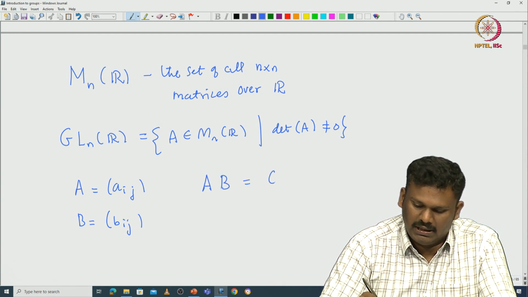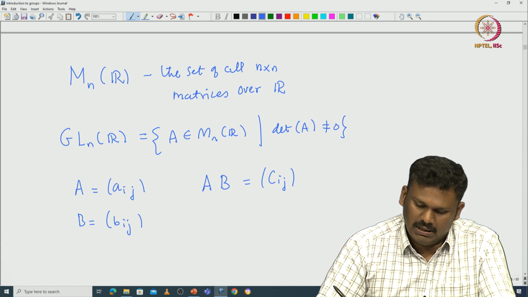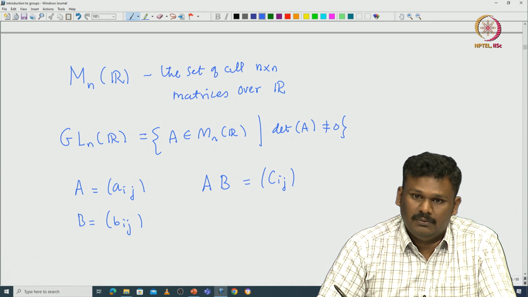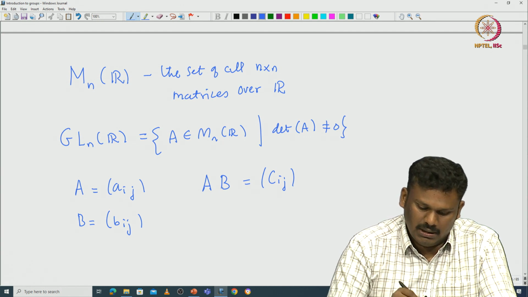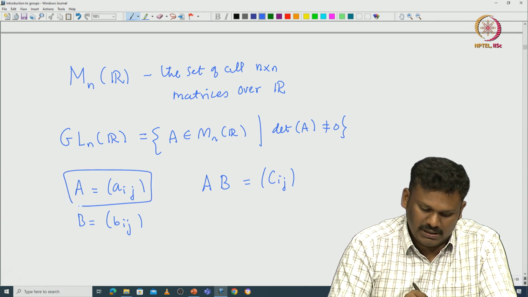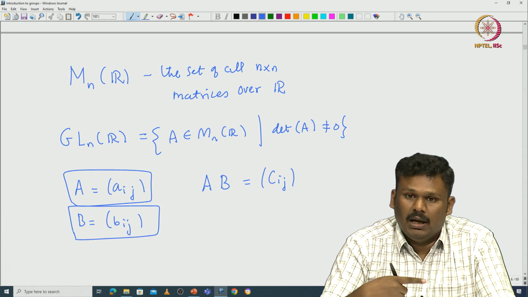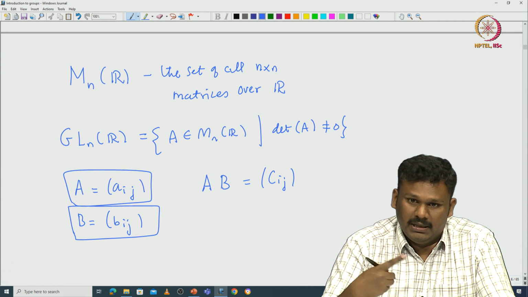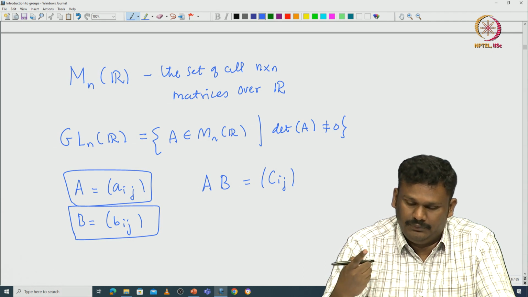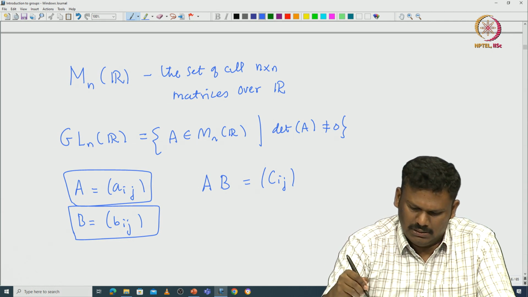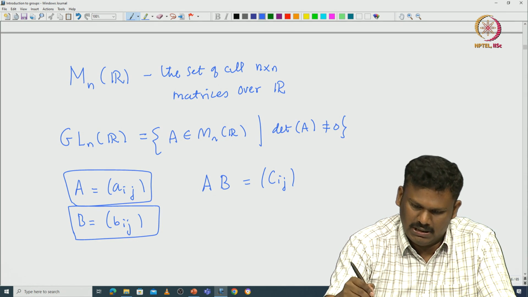That is another matrix c_ij, where c_ij is obtained by taking the ith row of this capital A and the jth column of this capital B, and then multiplying entry-wise and adding them. Let me just demonstrate what this c_ij is.